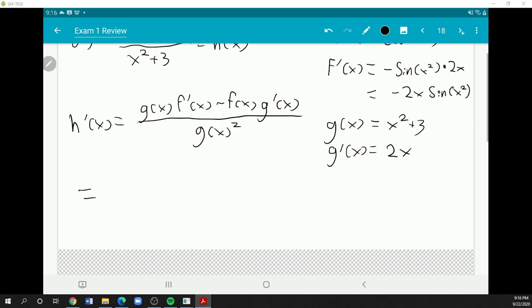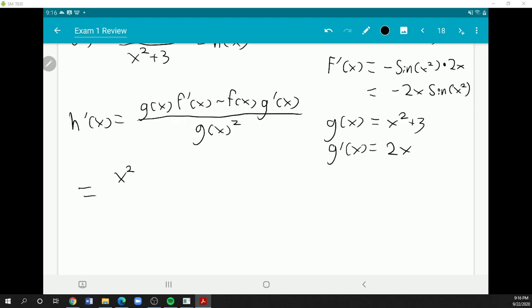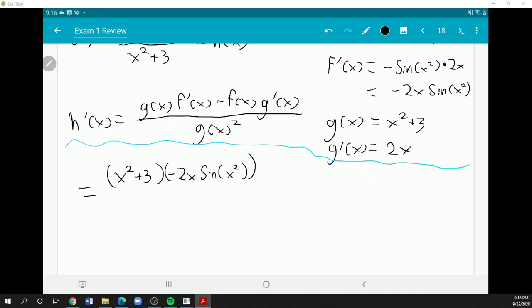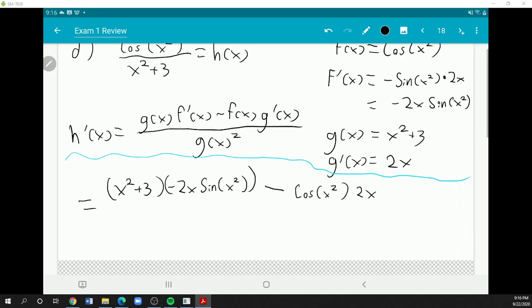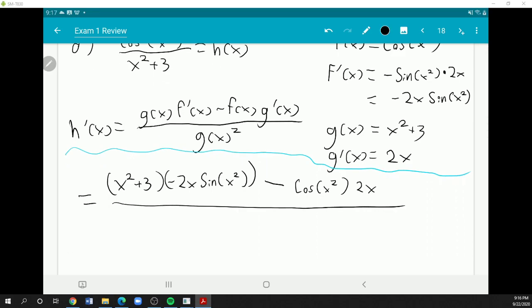Now I can just go ahead and plug in. x squared plus 3 times minus 2x sine x squared, and I'm about to run out of room. So minus, we'll slant it like this, cosine x squared times 2x, all divided by x squared plus 3 squared.